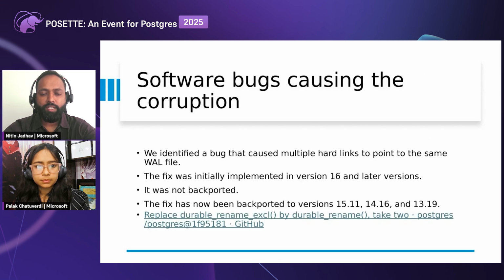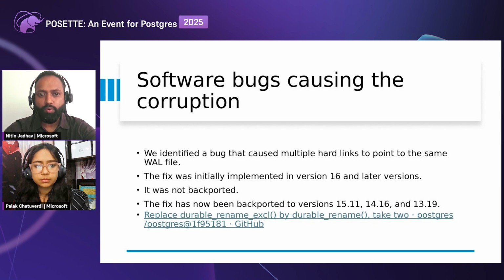Next, let's understand how a software issue can also cause this. Recently, we have seen some cases where multiple hard links were pointing to the same WAL file. This issue led to the WAL being overwritten and resulting in corruption. The fix for this bug was initially implemented in version 16 and later versions, but it was not applied to the earlier versions.